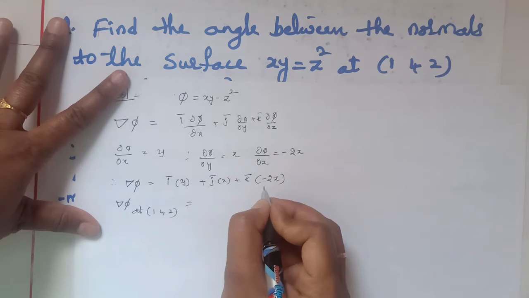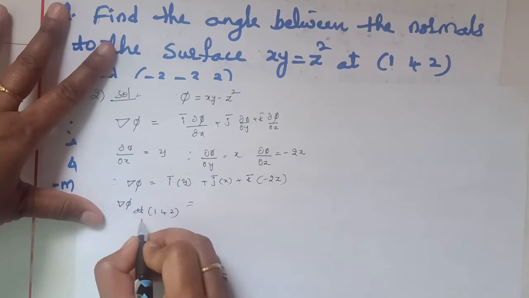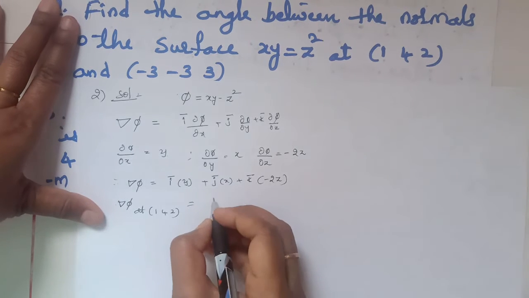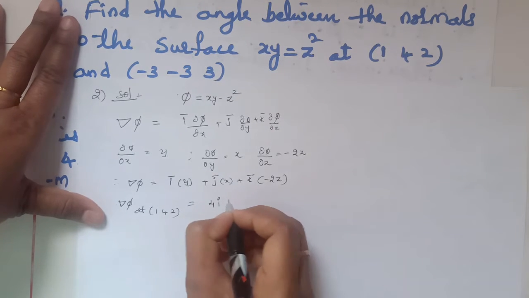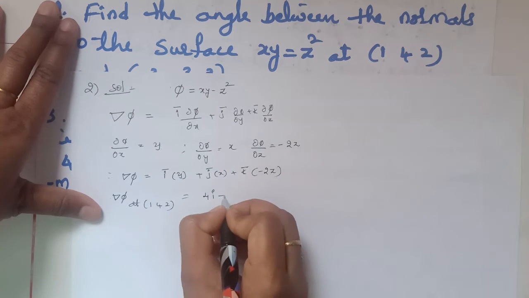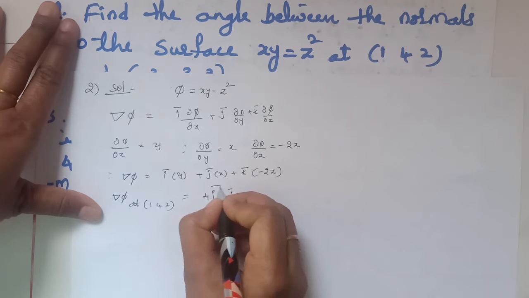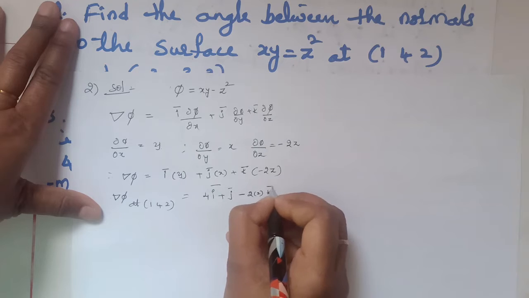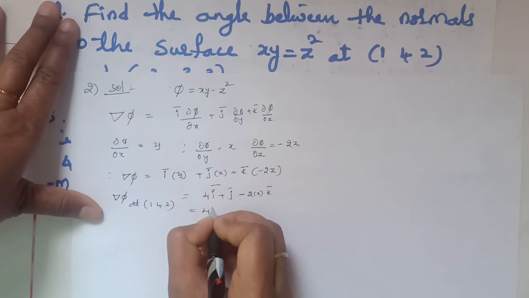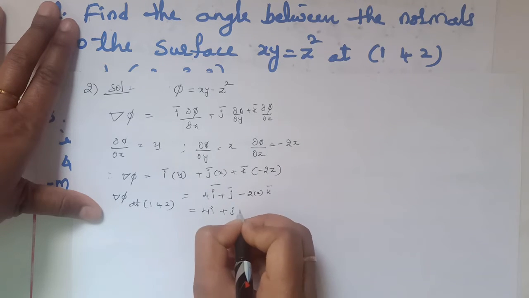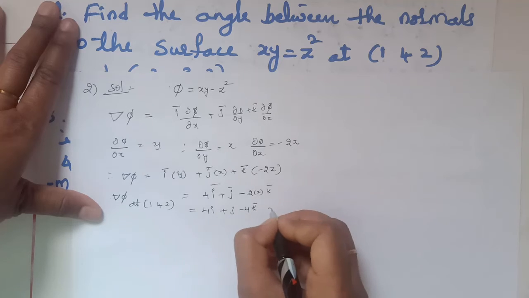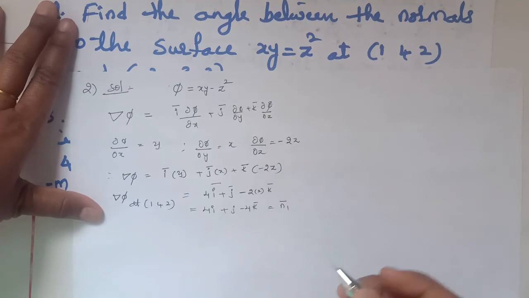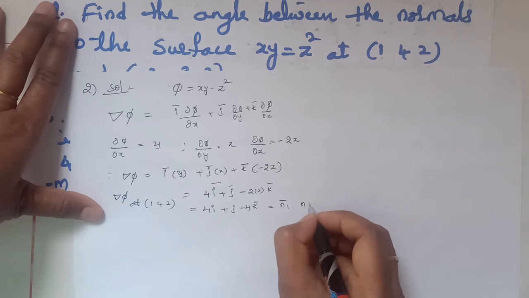This is equal to 4i plus j minus 2 into 2k, which is 4i plus j minus 4k. If you say this is n1 bar, the first normal.